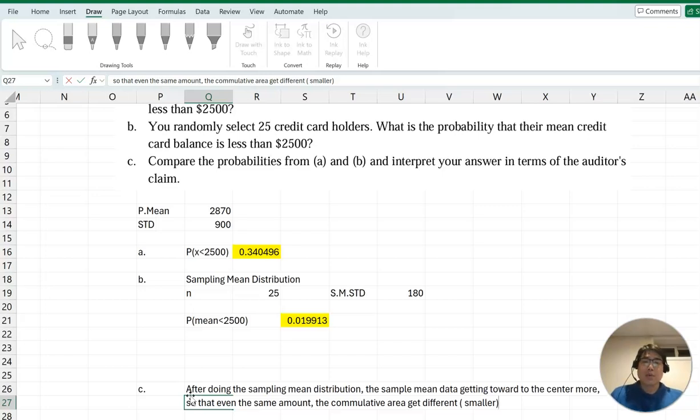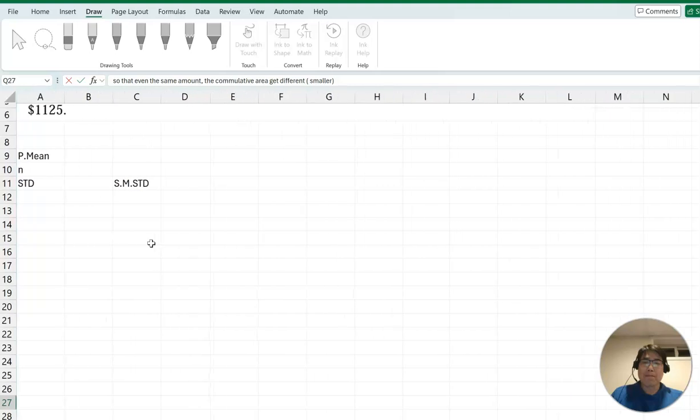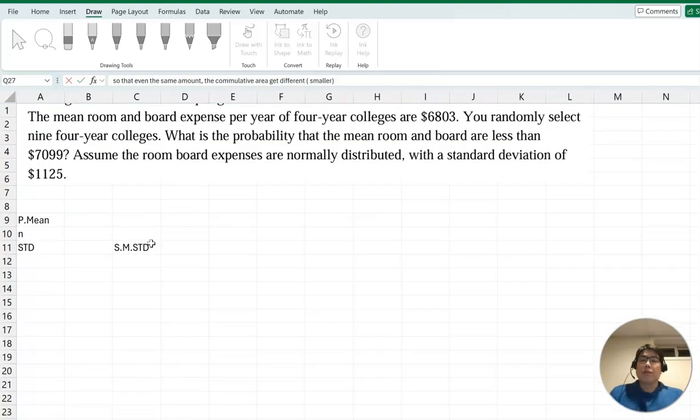Let's do one more question here. The mean room and board expense per year of 4-year colleges is $6,803. You randomly select 9 4-year colleges. What is the probability that the mean room and board is less than $7,099? Assume the room and board expenses are normally distributed with a standard deviation of 1125.